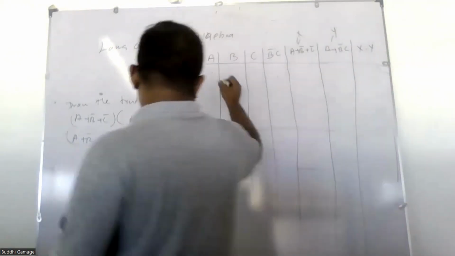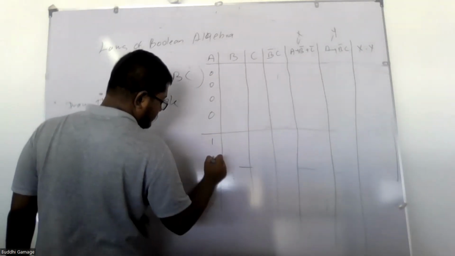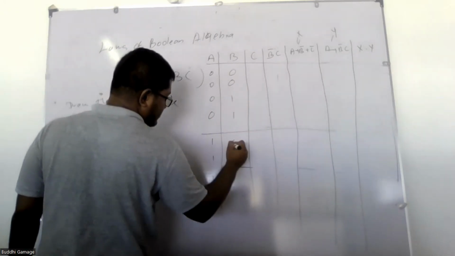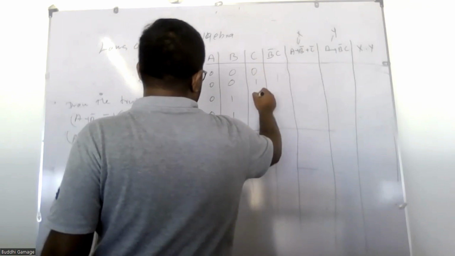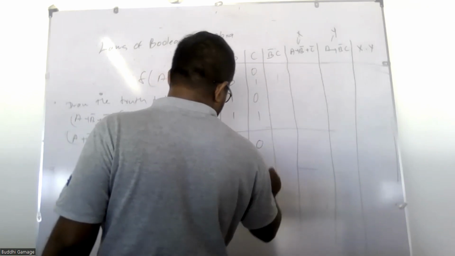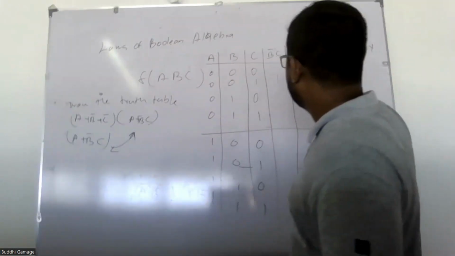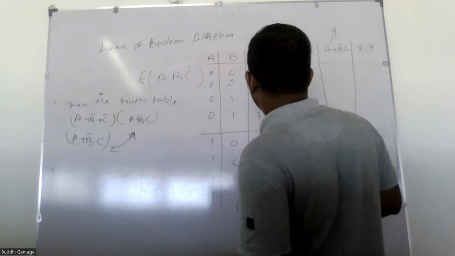So it is 0, 0, 0, 0, 1, 1, 1, 1, 0, 0, 1, 1, 0, 0, 1, 1. Here 0, 1, 0, 1, 0, 1. B bar C. C is 0, so it should be 0.